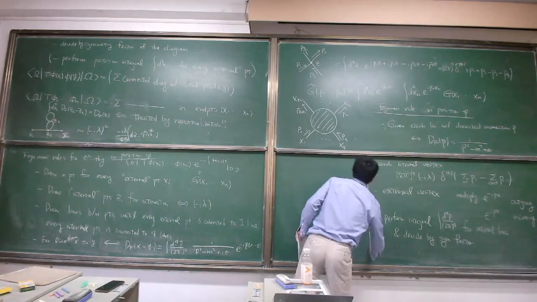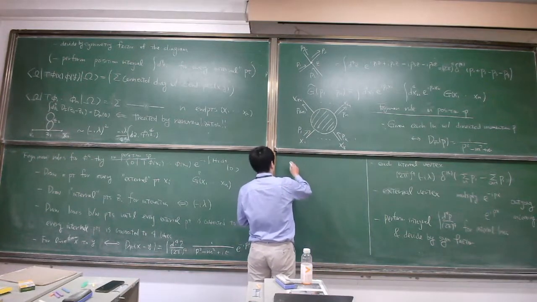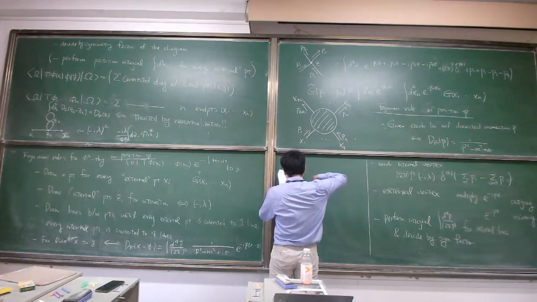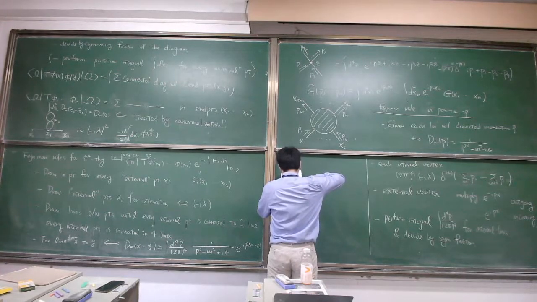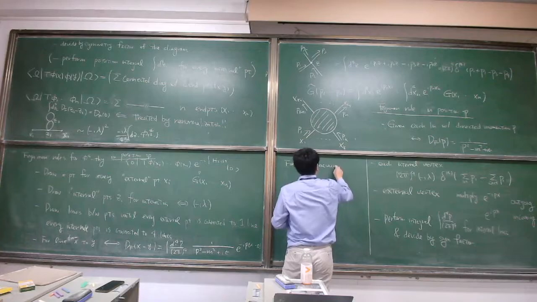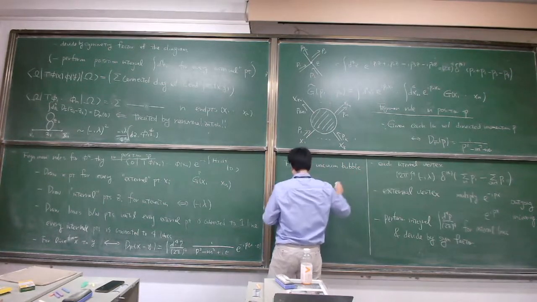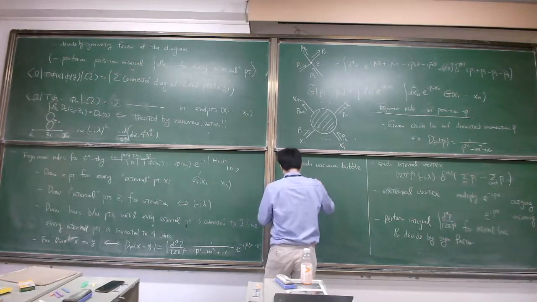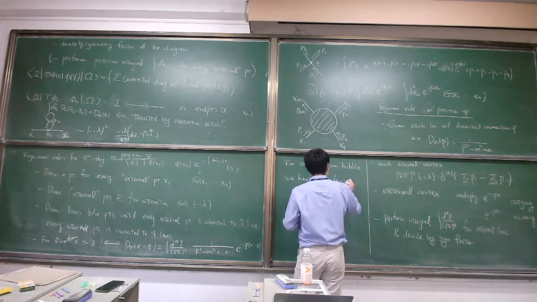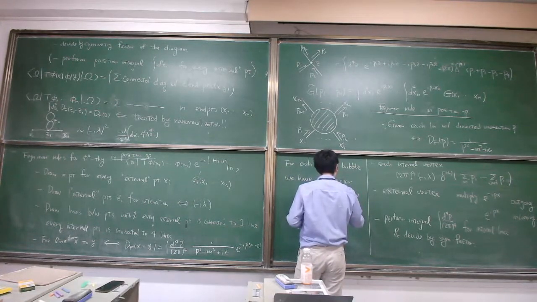And a side remark. If you have a vacuum bubble and apply this rule, for each vacuum bubble we have a factor of the volume of spacetime.